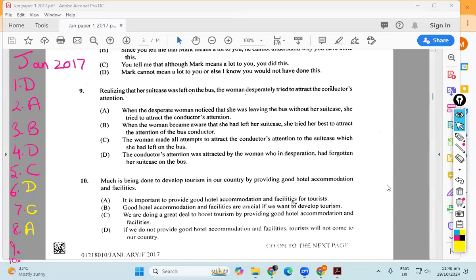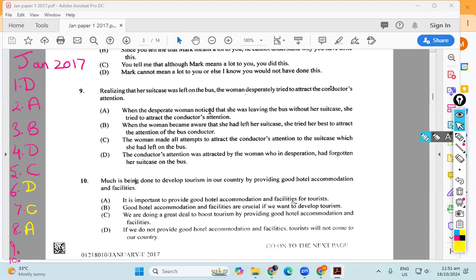Okay, 9 and 10. All right, number 9. Realizing that her suitcase was left on the bus, the woman desperately tried to attract the conductor's attention. This question gets repeated over and over.